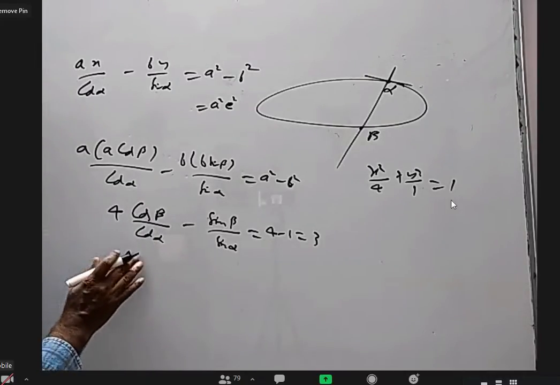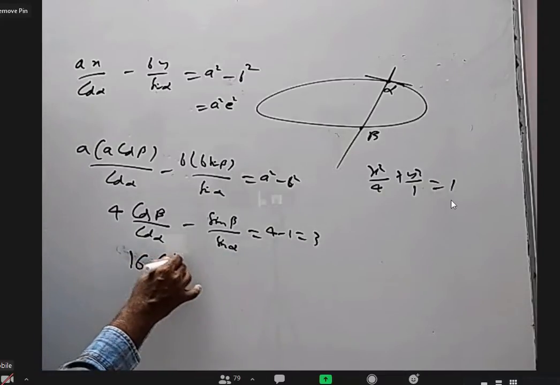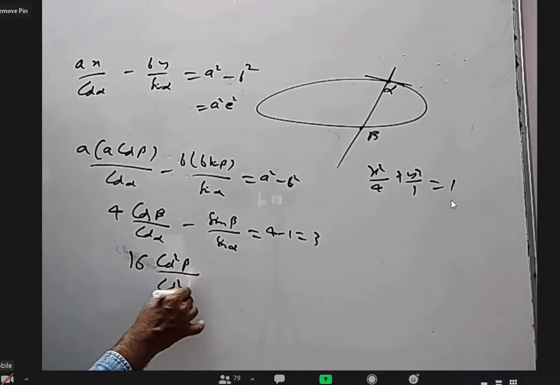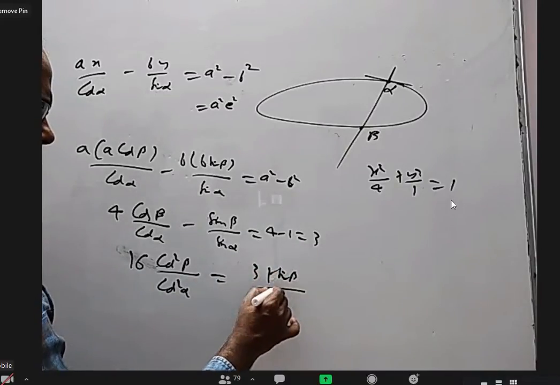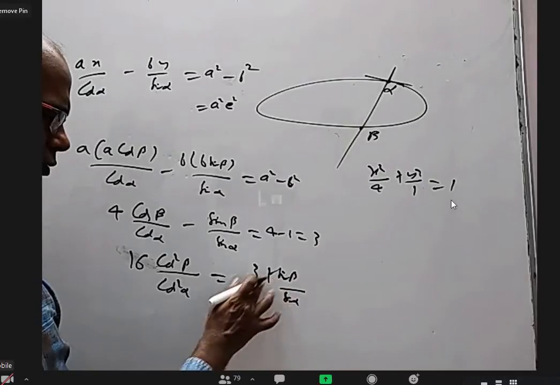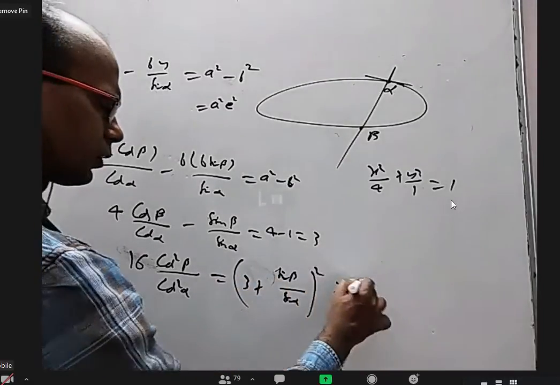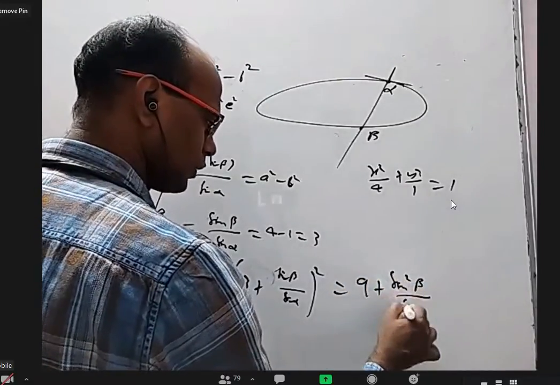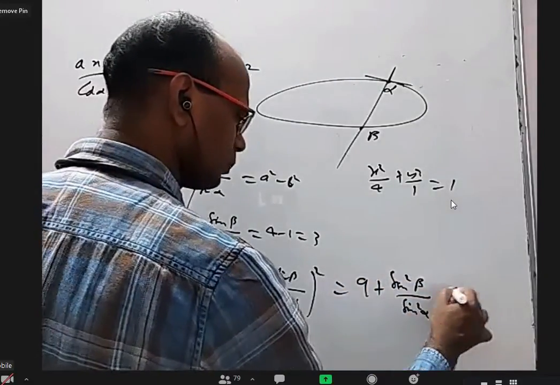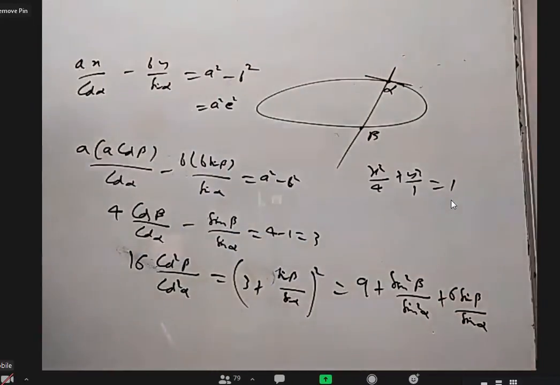So it will become, if I bring this side and square it, 16 cos square beta by cos square alpha is equal to 3 plus sin beta by sin alpha whole square. That is 9 plus sin square beta by sin square alpha plus 6 sin beta by sin alpha.